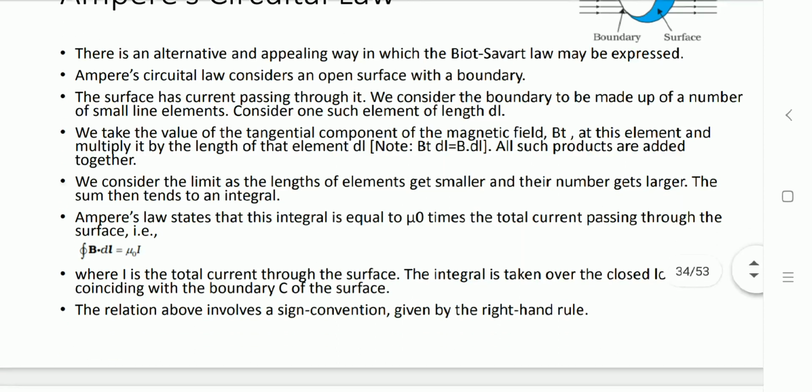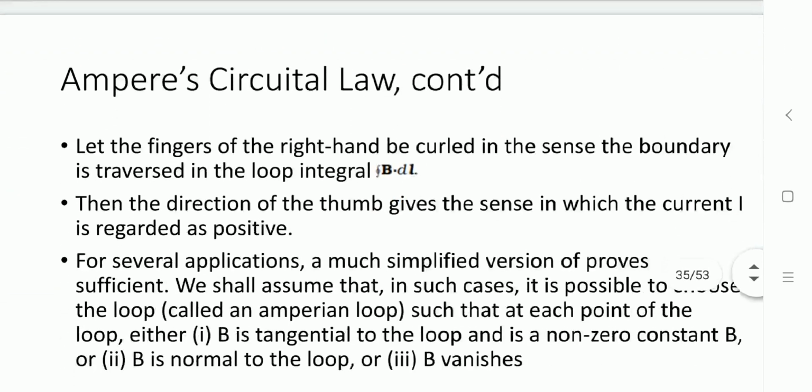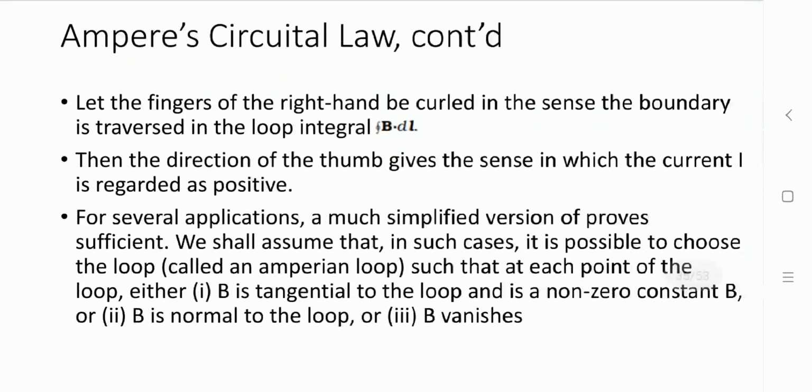Take the right hand, with fingers curling over the boundary and traversing the loop of the integral B dot dl. The direction of the thumb gives the direction in which the current is regarded as positive.